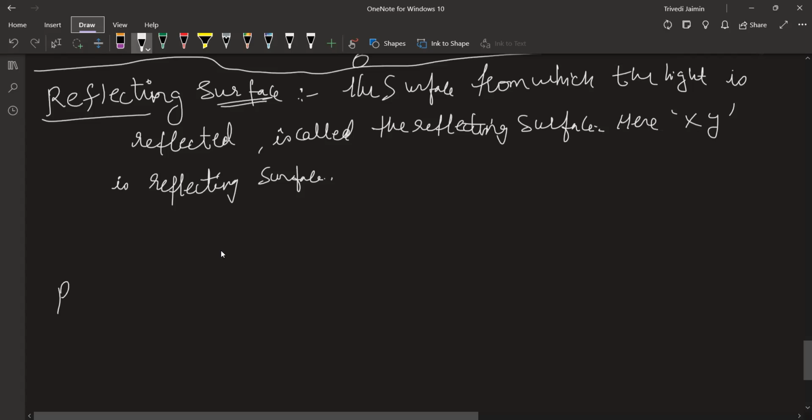Next, point of incidence. Point of incidence, just now we discussed. The point where the incident ray, reflected ray and normal meet. Exactly.